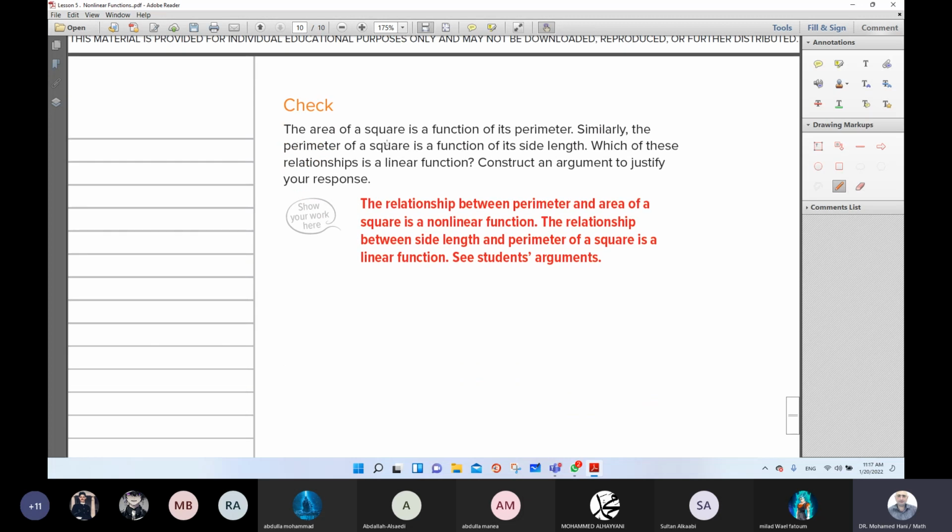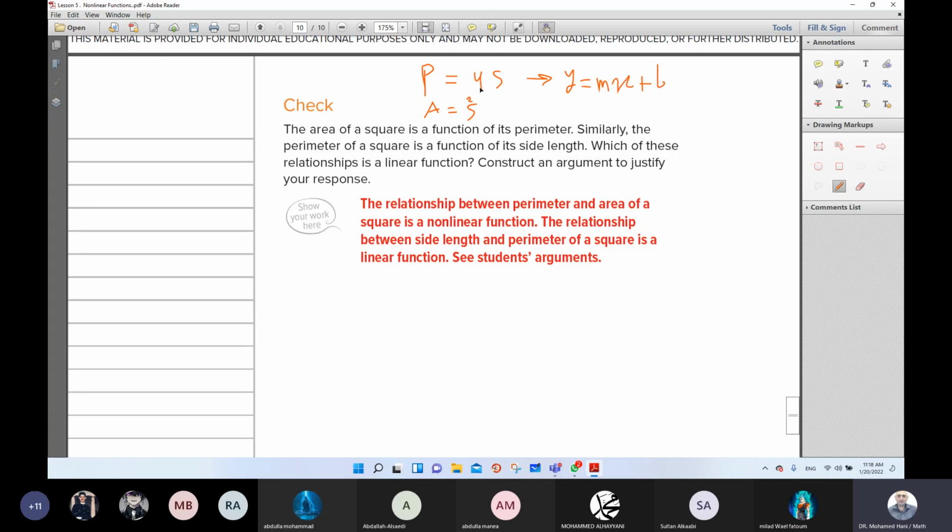The area of a square is a function of its side, and so is its perimeter. As you remember, the perimeter of the square equals 4s, where s is the side of the square. And the area equals s squared. So this form is like y equal mx plus b.